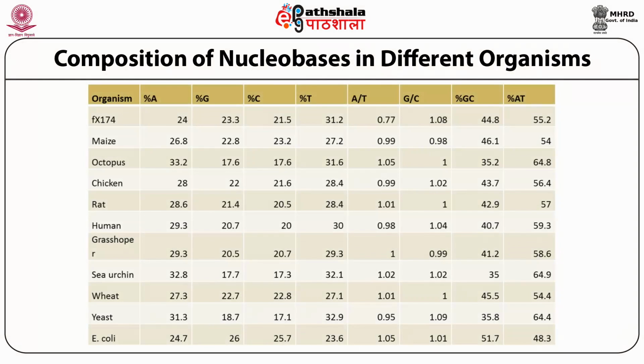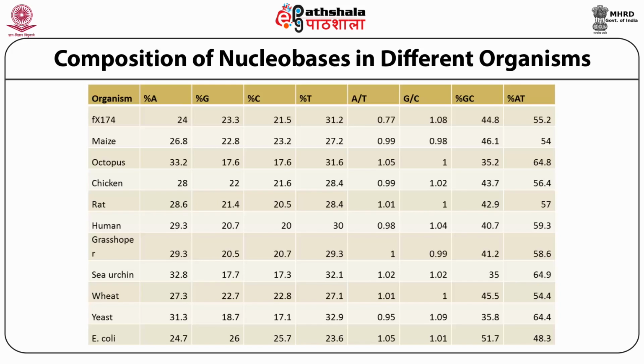We show in this table the composition of nucleobases in different organisms. For example, in case of maize, percentage of A is 26.8% and percentage of G is 22.8%.